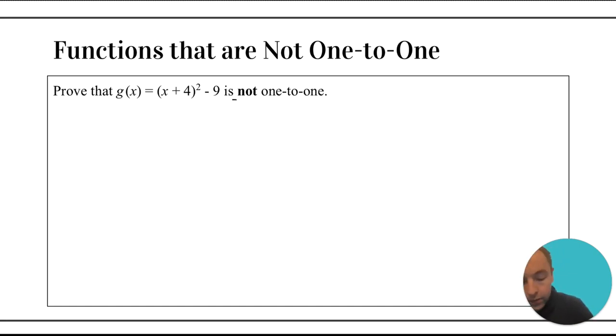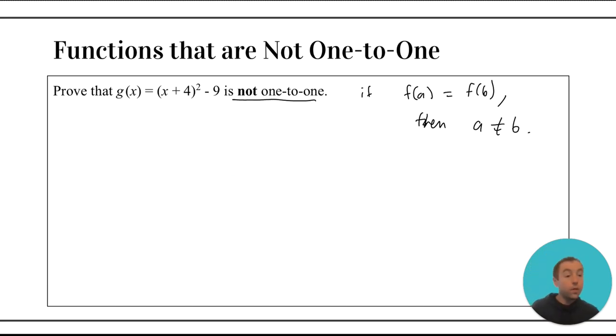What that would mean is that if we find that f of a equals f of b, so we've got some y values, then a and b would not necessarily have to equal one another. So we would be able to find two different x values that we could plug in that would give us the same y value.